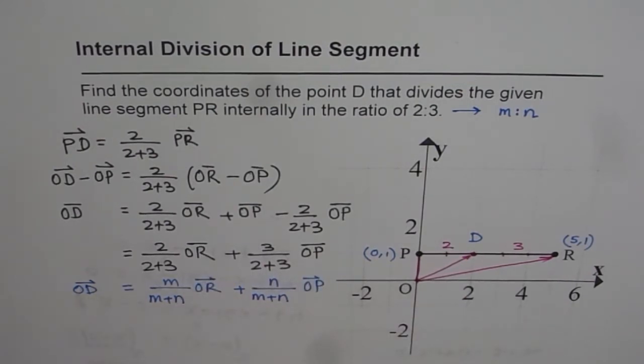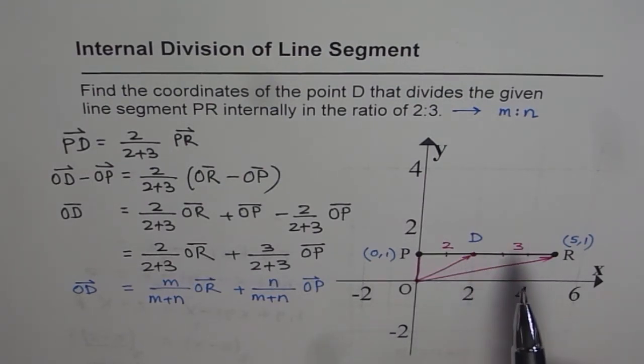Do you appreciate that? So basically, if the question would have been any ratio, we could have found a relation, right? Now since OD is our position vector, we know the coordinates of D. So the coordinates of D we can find from the given coordinates of P and R, correct? So that's how we can do it.